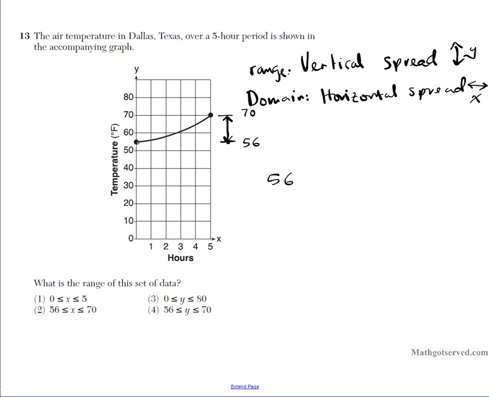Since you have a closed circle right here, it's less than or equal to y, less than or equal to 70. That's your range. The answer is option, wait a minute, gotta be careful here. Option 4. Some people pick this and mess up the problem, but that's wrong. Okay, so there you have it. Next question.